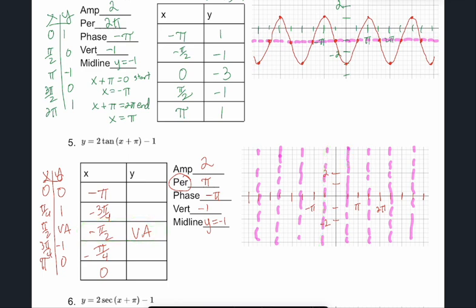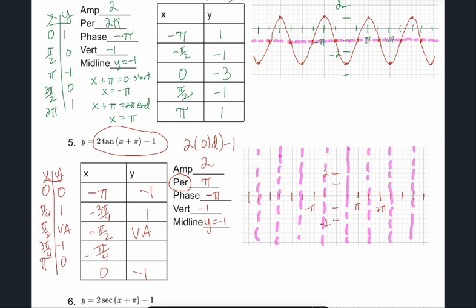So it's going to go 0 minus 1. Remember, it's 2 times the old minus 1. 2 times 0 is 0, minus 1 is negative 1. So this one's negative 1. And then 2 times 1 is 2, minus 1 is 1.